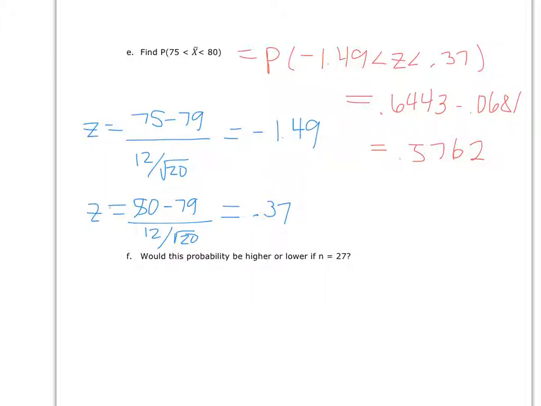Last question is, would this probability be higher or lower if n is equal to 27? So if n is equal to 27, then the standard deviation would be smaller.